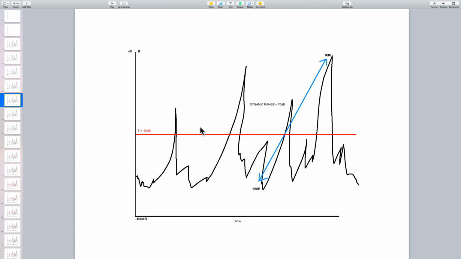Above this threshold, this audio is going to get affected. The peaks are going to get reduced by some ratio that we're going to predetermine. Everything above this threshold of minus 50 dB is going to get compressed at a ratio we set, and everything below the threshold gets left alone.